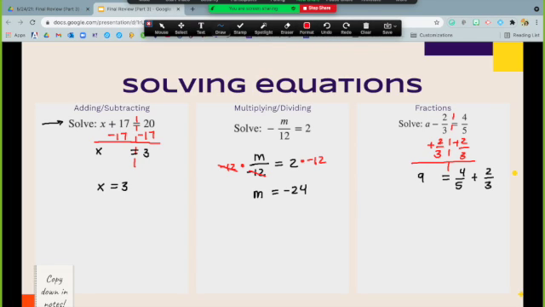Now since we have different denominators, that means I need to multiply both fractions by a number to make it the same denominator. And so let me make myself some more space here, adding the equal sign over here.